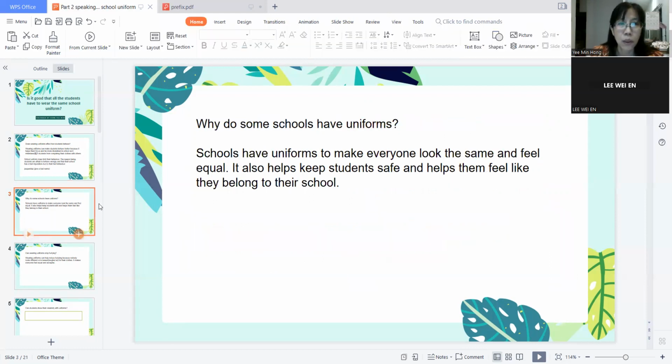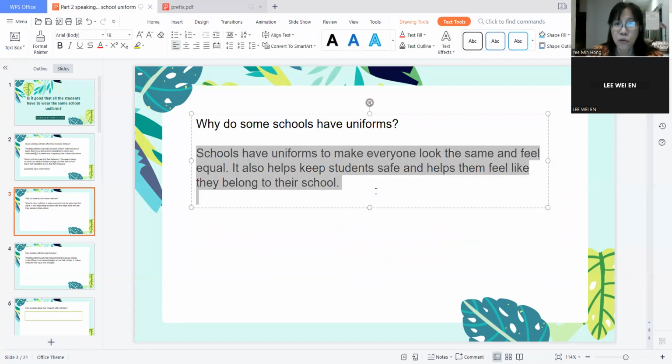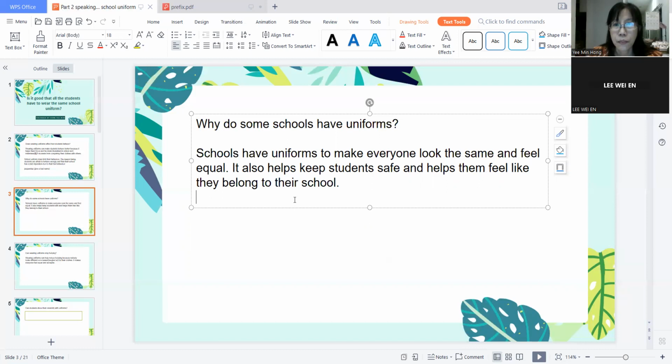All right, so over here, let's do a revision, recap. Why do some schools have uniform? Can you read up? Schools have uniforms to make everyone look the same and feel equal. It also helps keep students safe and helps them feel like they belong to their school. All right, so basically everyone looks the same and feels equal, right?